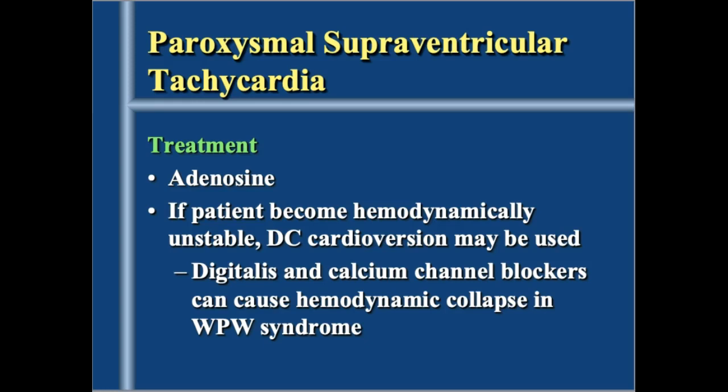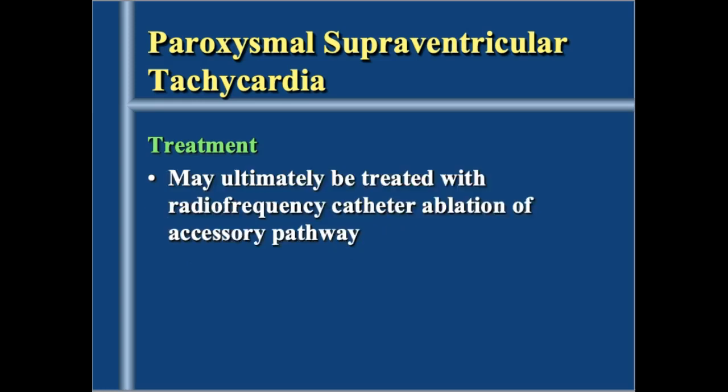Know that with Wolff-Parkinson-White, you want to avoid giving digitalis and calcium channel blockers because these can cause hemodynamic collapse in those folks. With Wolff-Parkinson-White, most people will be able to tell you that they have that disorder because it's usually diagnosed in childhood. So just note that. We're not going to go into it a lot because you don't see it much.